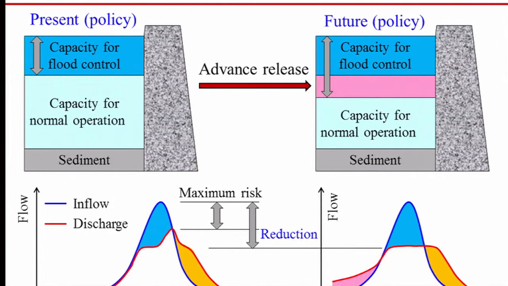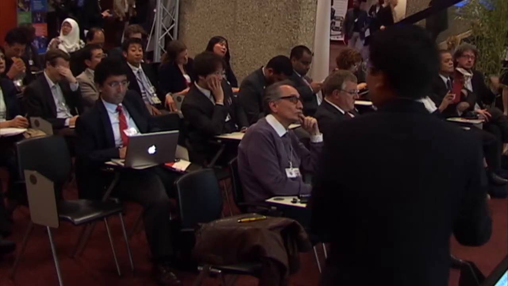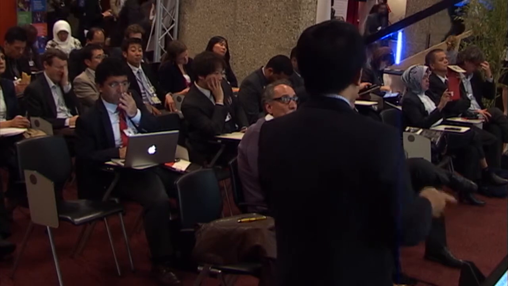In these figures, we can see here the current policy, with the inflow and outflow. We can see here the maximum flood reduction, and by using the advanced release, we can reduce the outflow peak to downstream. So we increase the margin of the flood reduction.